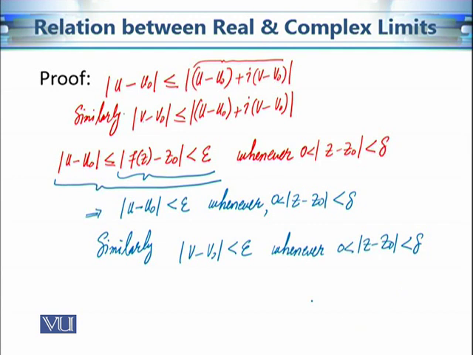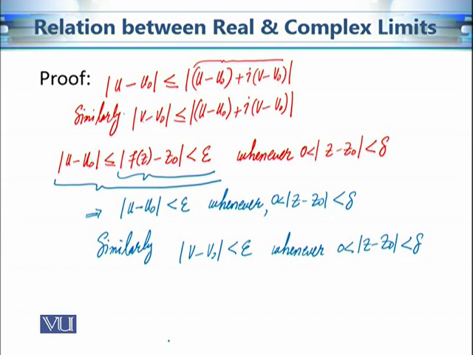There is a simple point over here. If we want to prove that the limit of u is u₀, then we start from here. We choose our epsilon, and then we go to the definition of the limit of the complex valued function, that the limit of f(z) is z₀, so for this epsilon there should exist a delta.